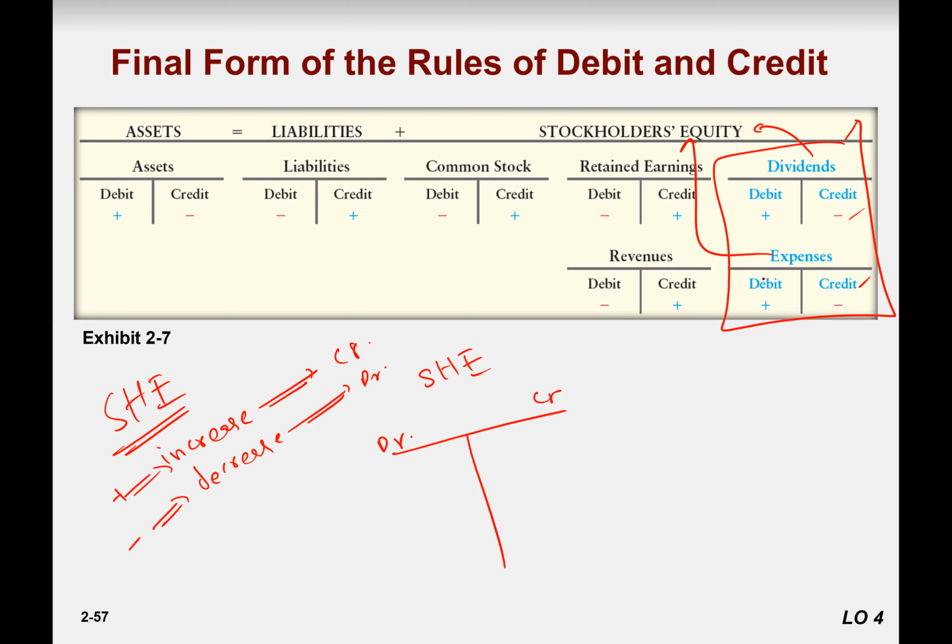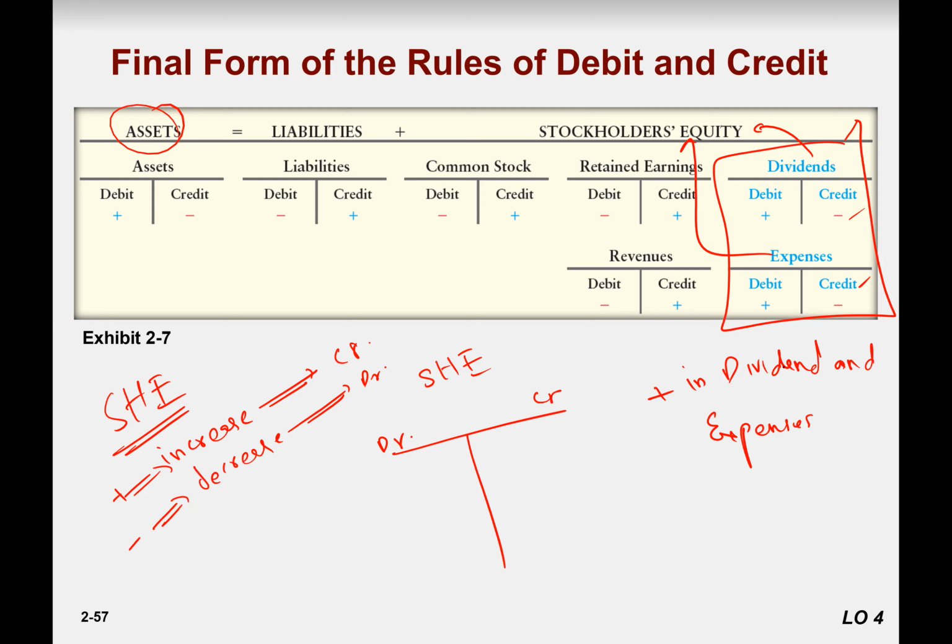We talked about that because of the increase in dividend and expenses, any kind of expenses, whether rent expenses or utility expenses, except prepaid expenses, because prepaid expenses are our assets, not stockholder equity.